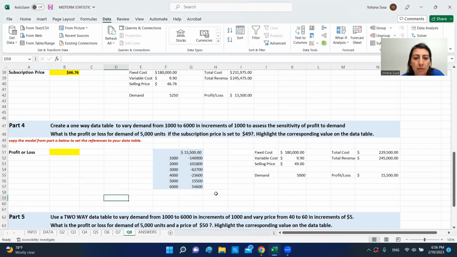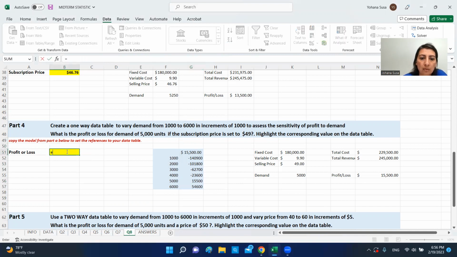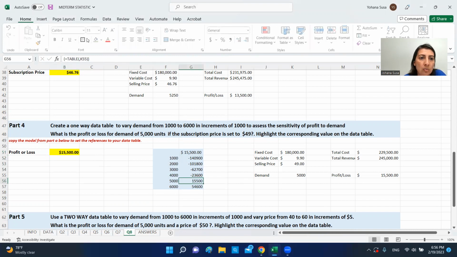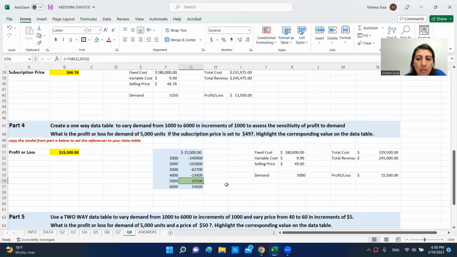So here's the information. How much is going to be the profit or loss if the demand is 5,000? So at 5,000 and a price of 49, the profit is going to be 15,500, and we're gonna highlight it to make it easier to see.